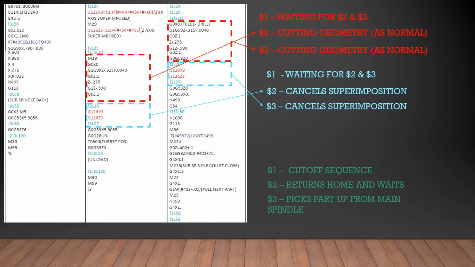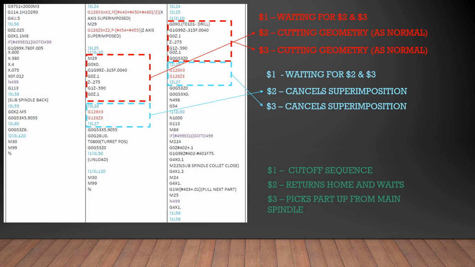Now next, once we are finished, we have a waiting code at the end. We have this after the drilling has been completed. We have a waiting code that's pound 3 L26, and we see it also in the channel 3 program, L2 L26.